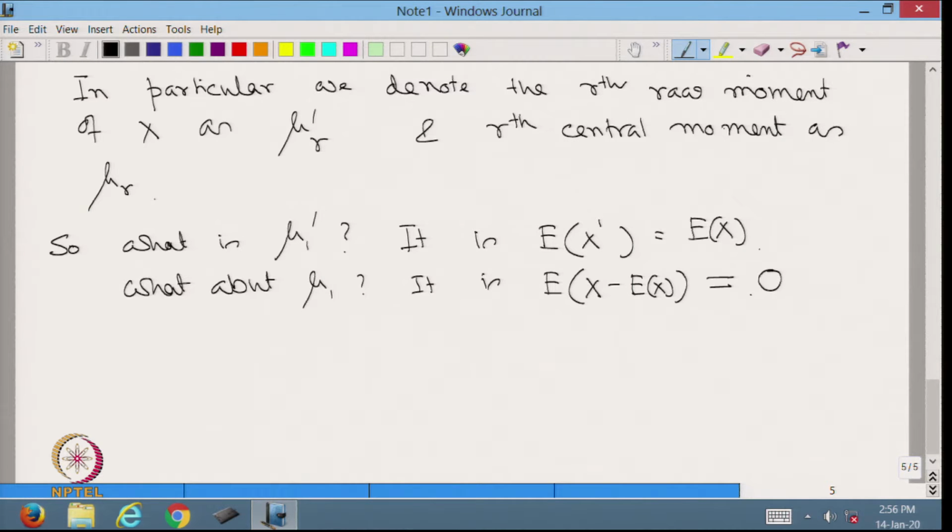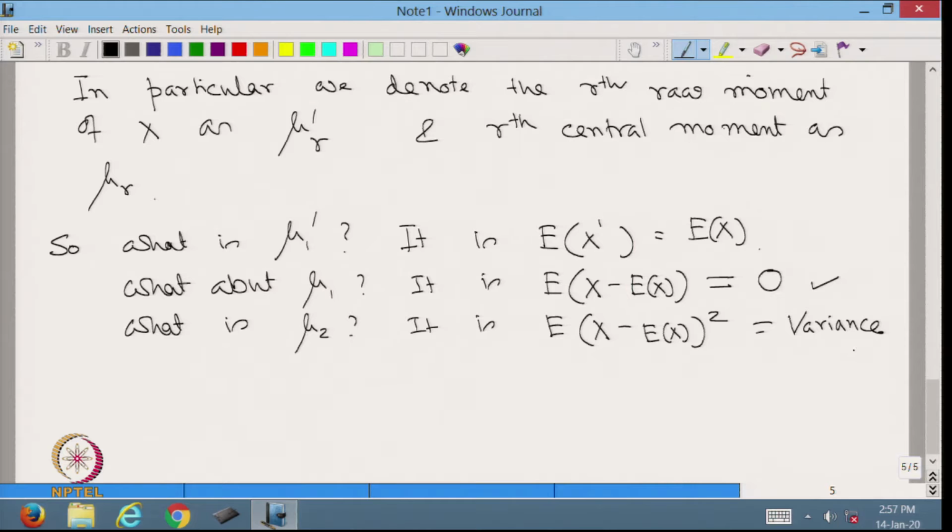Therefore, mu 1, or the first central moment of a random variable, is 0. What is mu 2? It is expected value of x minus expected value of x whole square, which is variance.